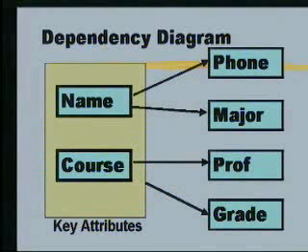Well, so what does name specify? Name indicates the phone as well as major. This is shown by the arrows. So I fix up the name, and his phone number and major can be determined. I fix up a course. Since a course is being taught by only one teacher, I can always determine who is the teacher teaching this particular course, that is the professor.